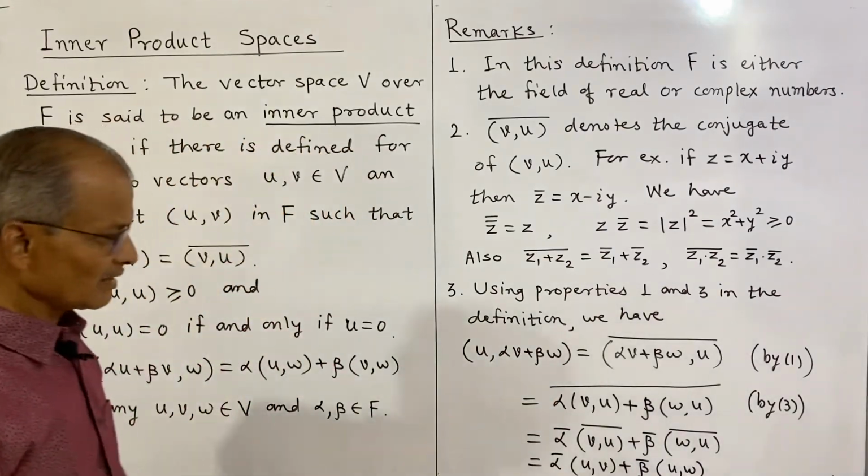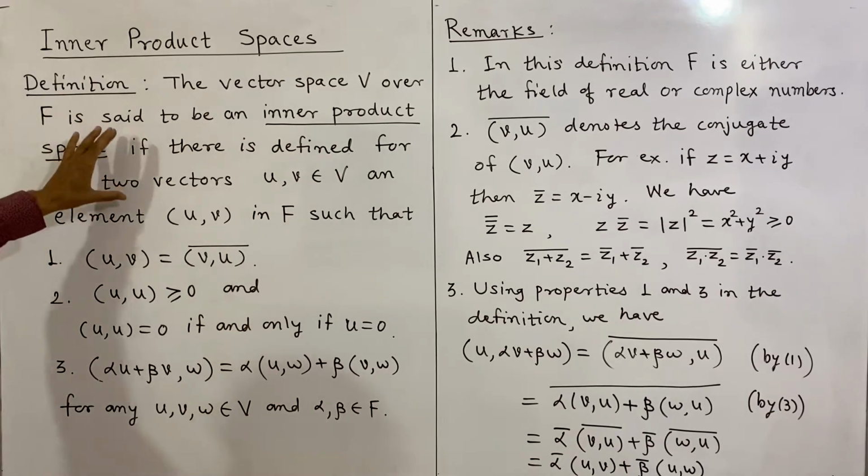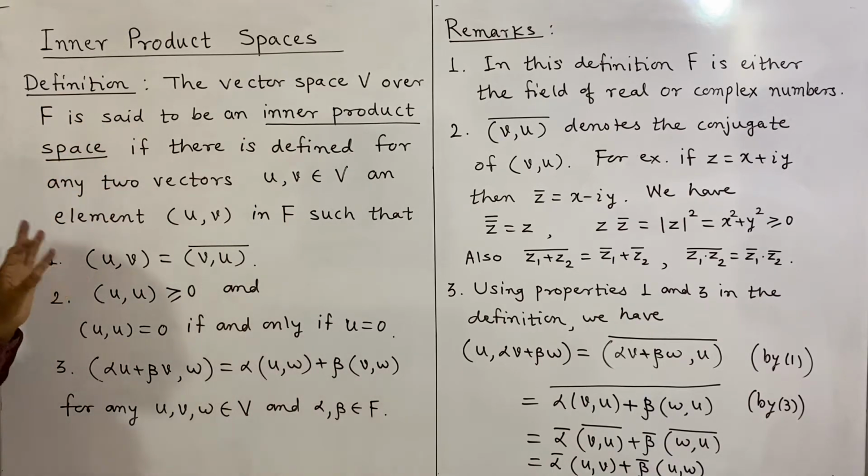So this is the result that we shall remember, and this is the basic result in the definition, which is property 3, known as the linearity property. So these are the 3 conditions for an inner product space, and if a product satisfies all these 3 properties, then the product is known as an inner product, and the vector space becomes an inner product space.